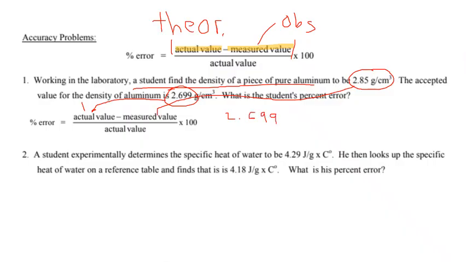This is my accepted or my actual, and I'm going to subtract from that 2.85. And that is the absolute value from that. Subtract those two right there. And then I'm going to divide it by the actual or the accepted, which is 2.699.